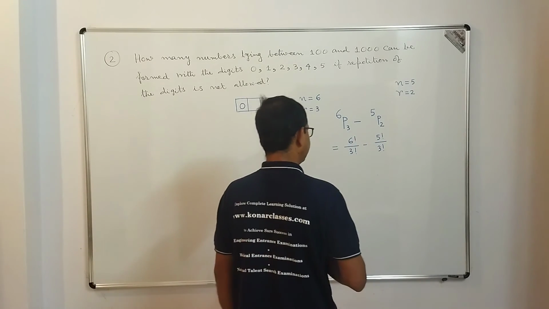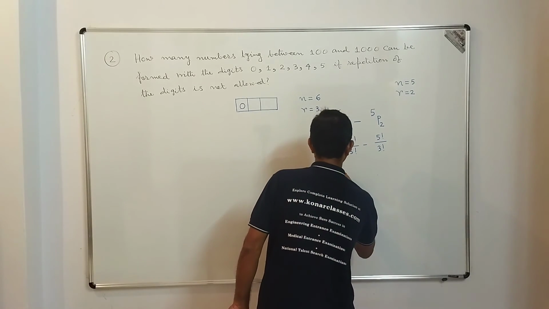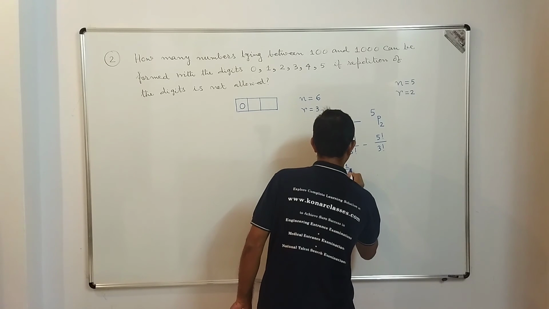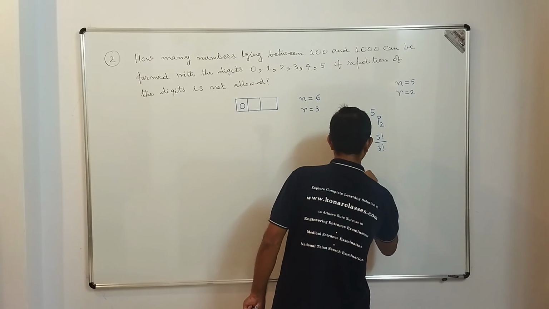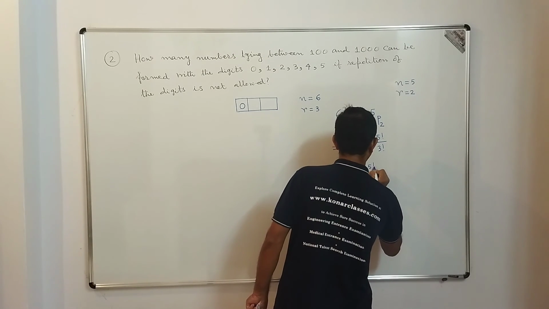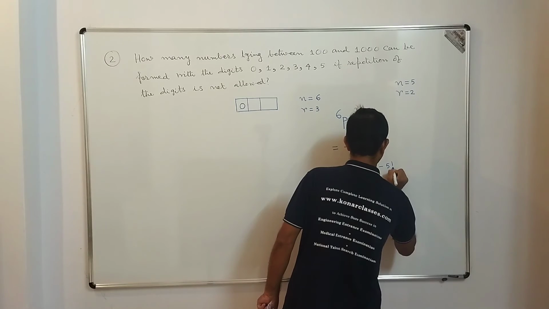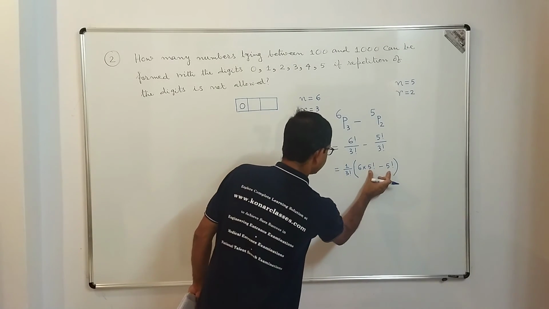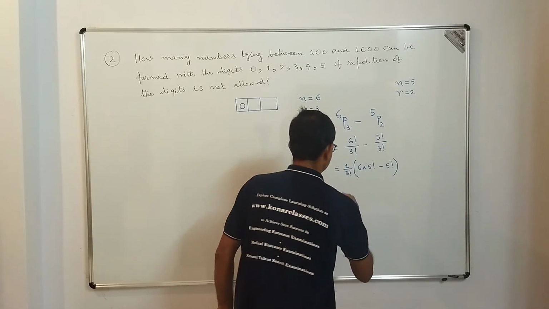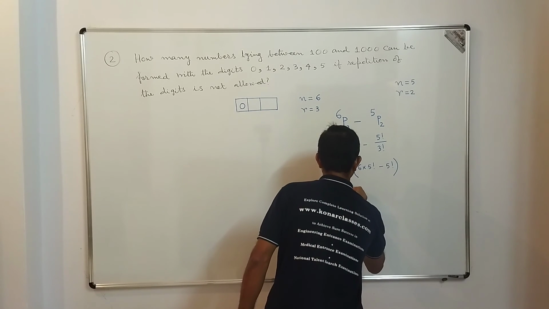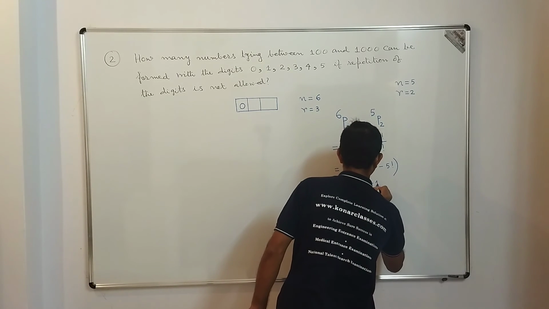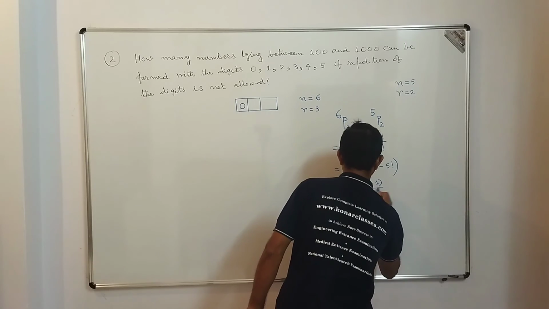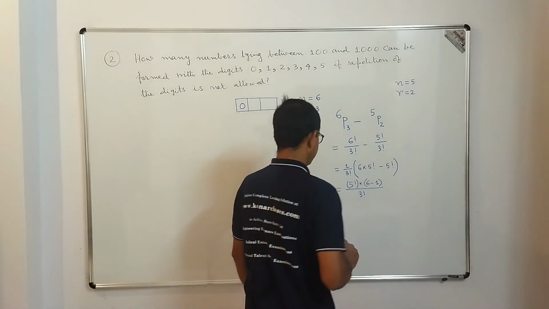So what we can do here is take 1 by 3 factorial common, and write 6 factorial as 6 into 5 factorial, minus 5 factorial, correct? Now we can take that 5 factorial out. Then we are left with 6 minus 1, and here we get 3 factorial.